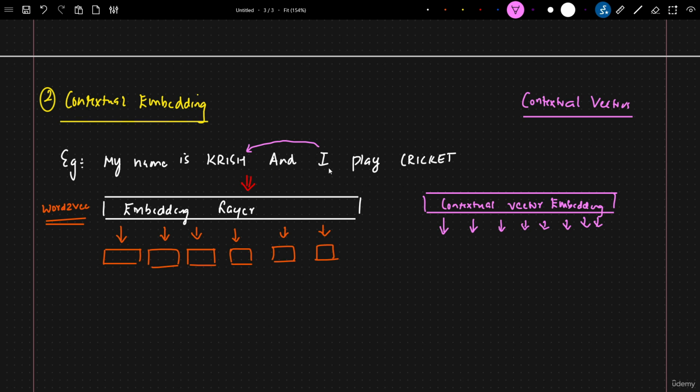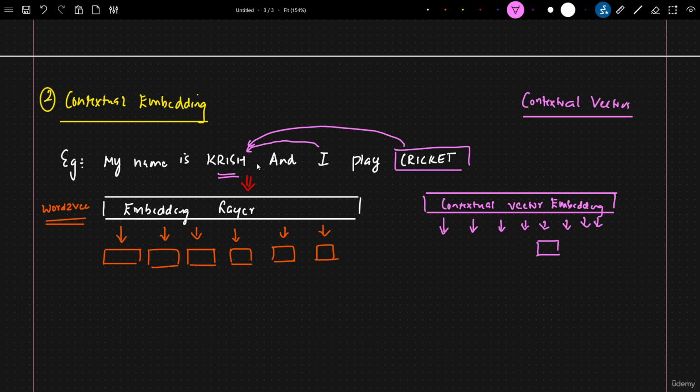Like Krish and I, there is a very strong correlation, so some context will be there. I play cricket, so cricket is also there. This cricket vector should not be a fixed vector; it should be related to Krish. Based on this relation, there should be some change in the vector which suggests there is some contextual dependency in this word.